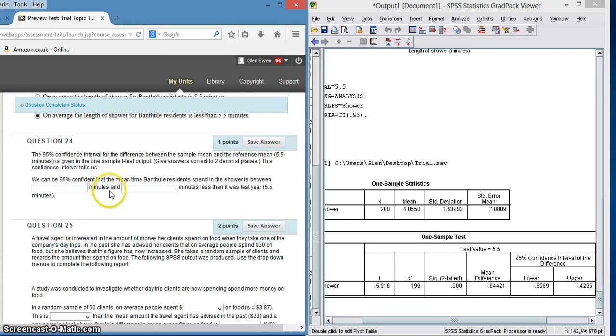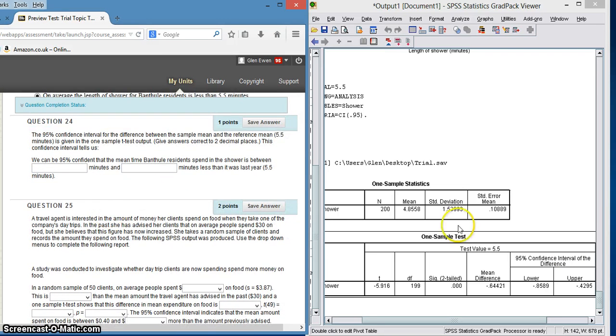And the 95% confidence intervals. Okay, so again, when we're reporting that just on its own, we would keep the signs, but we can drop those, and with our rounding, we have 0.43, and we report the lower one first. We give correct 2 decimal places, so we'll make sure we put that in there, 0.43.